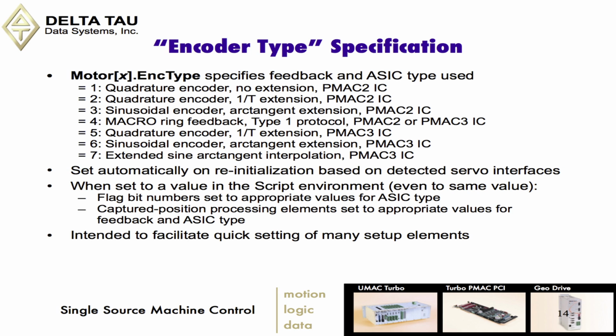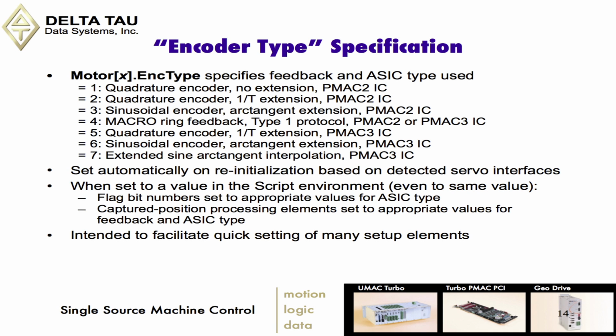So motor encoder type specifies the feedback and ASIC type used. If it's set to 1, it's a quadrature encoder with no extension on a PMAC2 IC. If it's set to 2, it's a quadrature encoder with 1/T extension on a PMAC2 IC. If it's set to 3, it's a sinusoidal encoder on a PMAC2 IC. If it's set to 4, it's a MACRO ring feedback type.